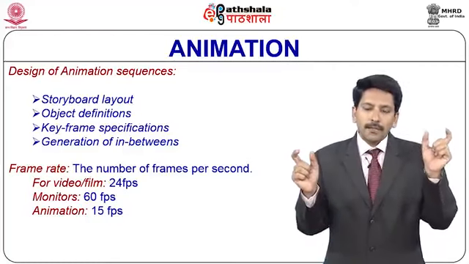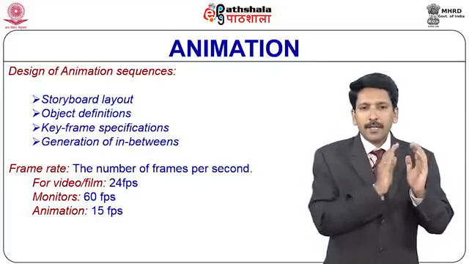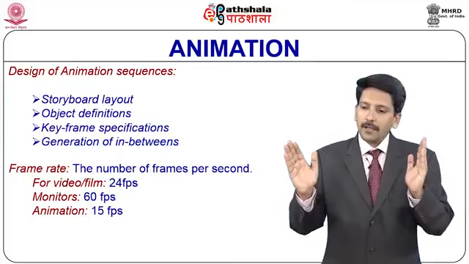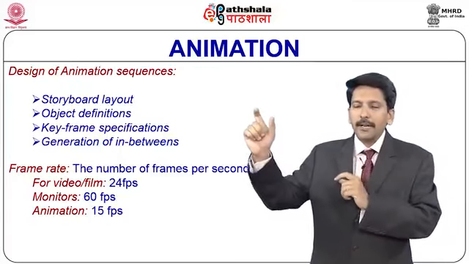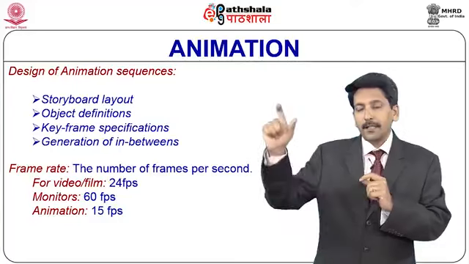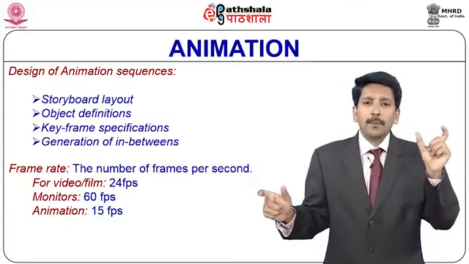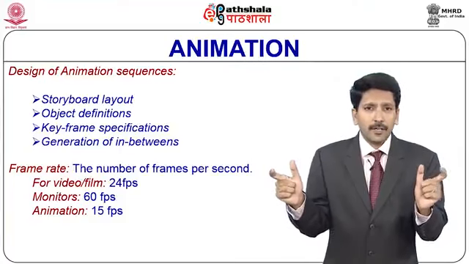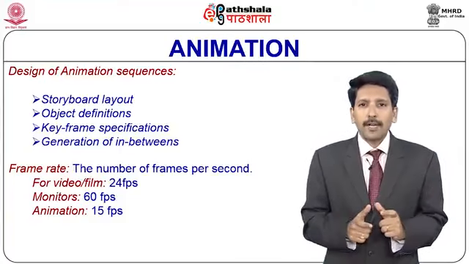So the master animators will be defining the keyframes, say keyframe 1, and after a little time duration, they will be defining another keyframe. So the master animators will be defining the keyframes where there is a considerable or noticeable change in the course of animation.